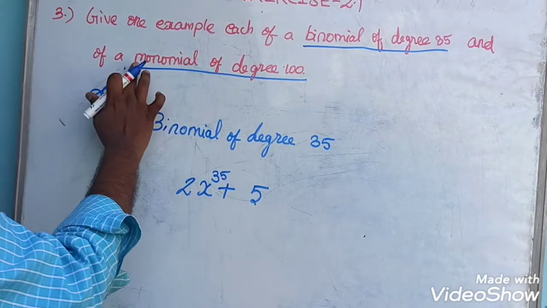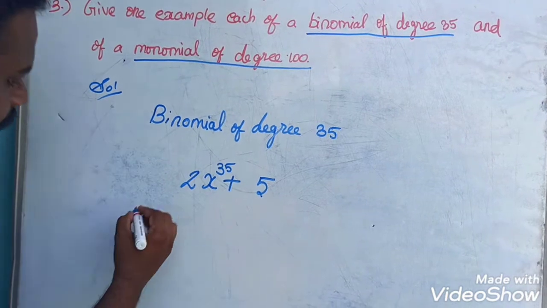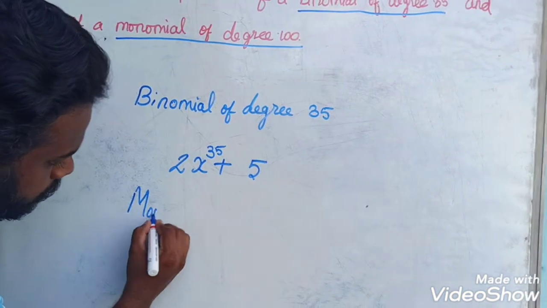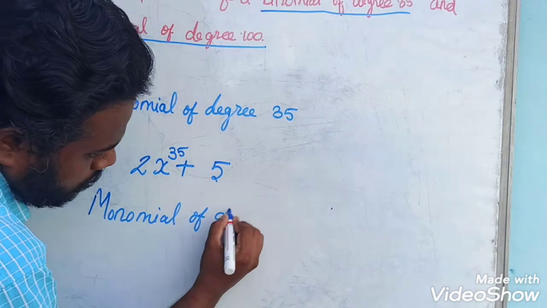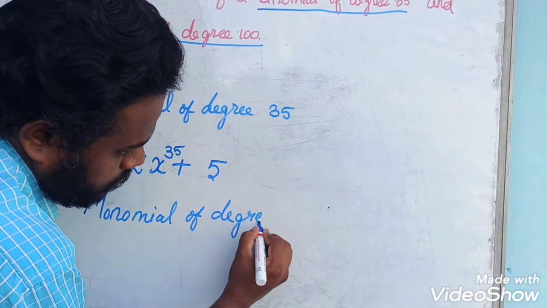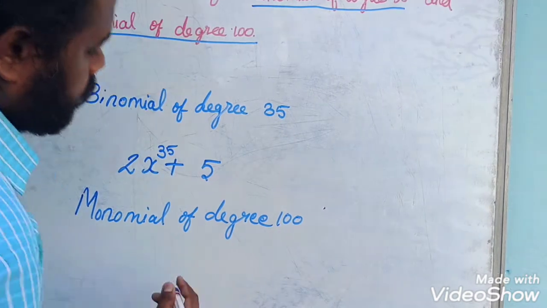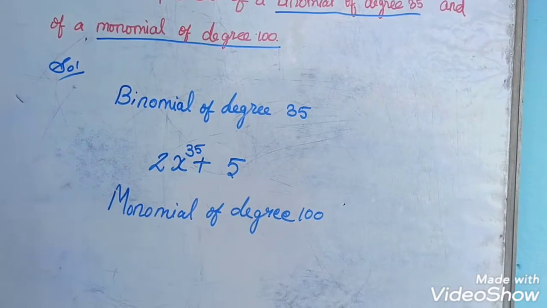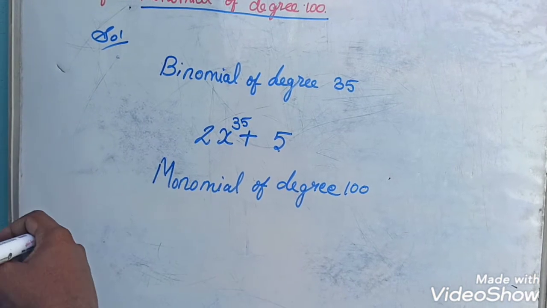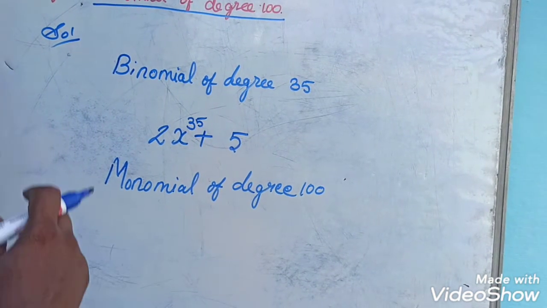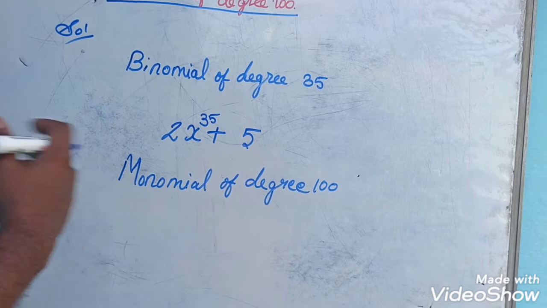In the same way, I move on to a monomial of degree 100. A monomial has only one term. It can be a combination of constant and variable, or only the variable.